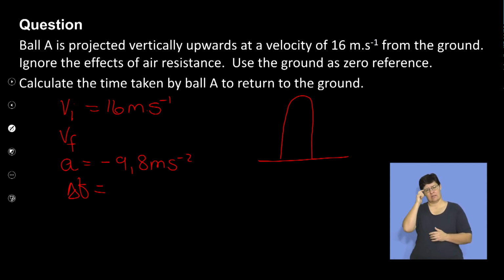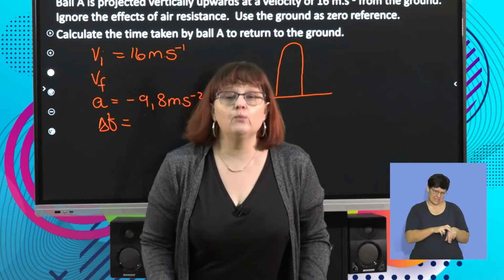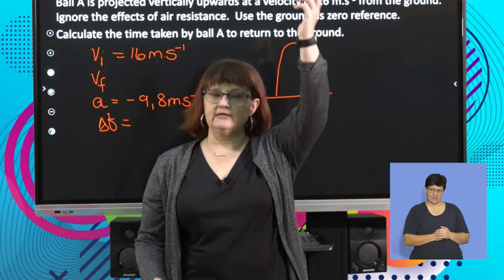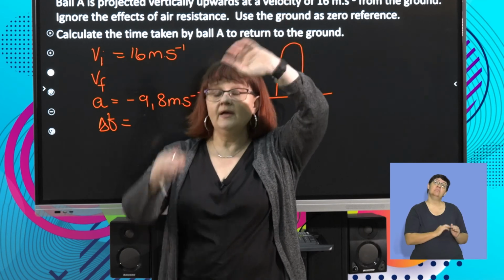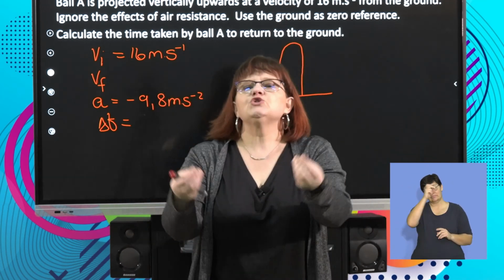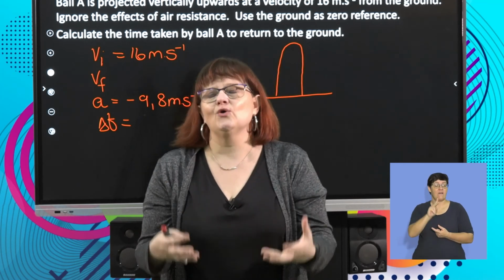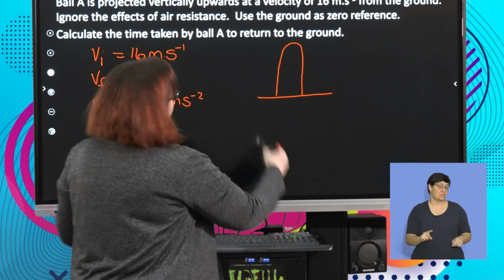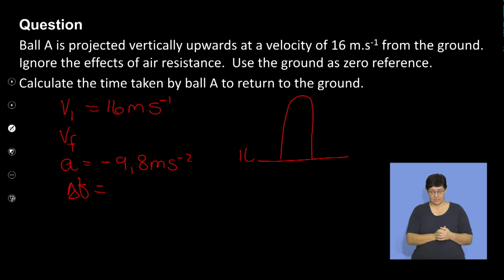Here we need to be careful. You are very welcome to calculate the time it takes to get to the top and then times the time by 2. But I want to show you what makes vectors so special is the fact that if it leaves the ground at 16 meters per second, it's going to hit the ground at minus 16 meters per second.